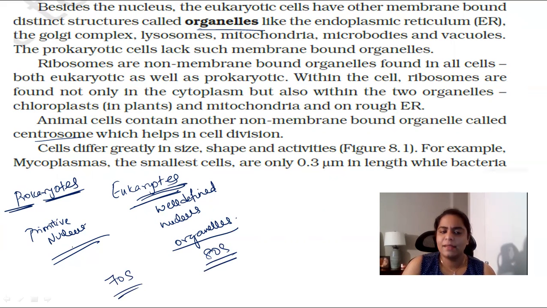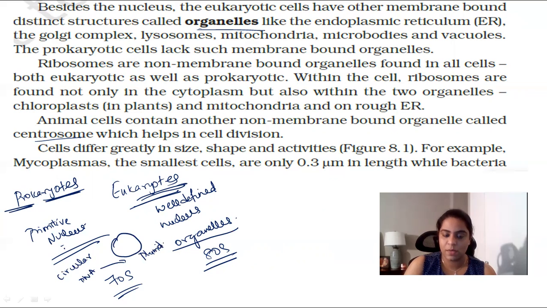Another thing: primitive nucleus means, do prokaryotes have genetic material? Whether it is a primitive nucleus or a fully developed nucleus, we have studied that the main function of the nucleus is that genetic information is stored in it. So do they have DNA or not? They do have DNA, a circular DNA, and that is called a plasmid.